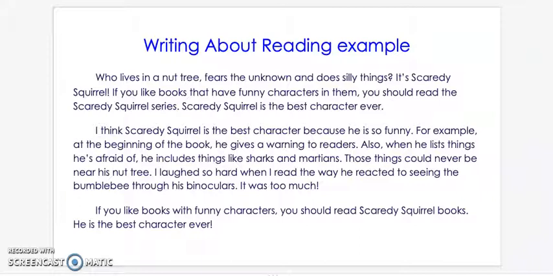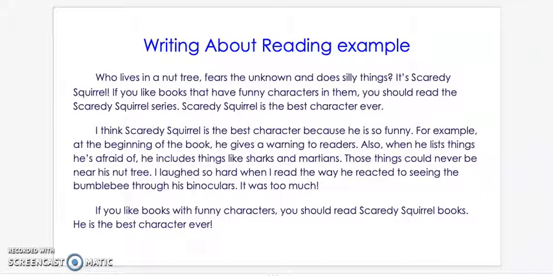Okay, so here's just an example of something that somebody might write about Scaredy Squirrel. So it says, "Who lives in a nut tree, fears the unknown, and does silly things? It's Scaredy Squirrel. If you like books that have funny characters in them, you should read the Scaredy Squirrel series. Scaredy Squirrel is the best character ever. I think Scaredy Squirrel is the best character because he is so funny.